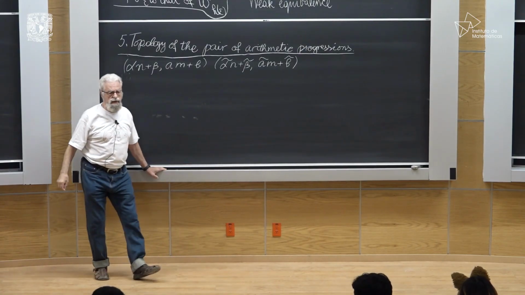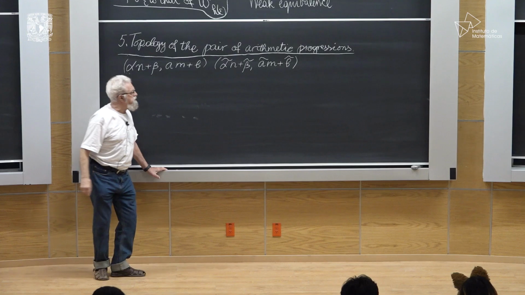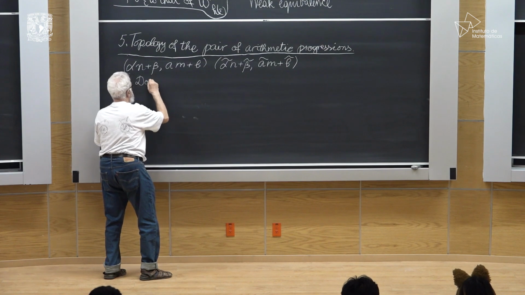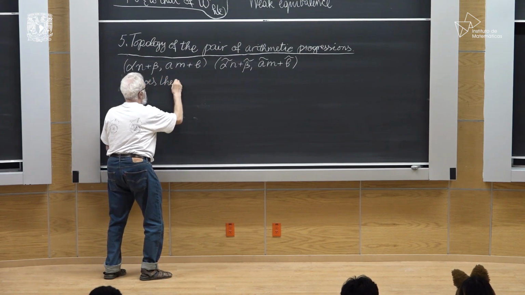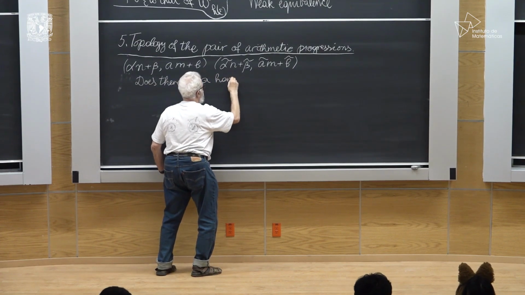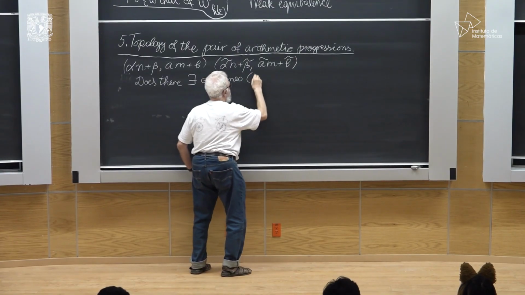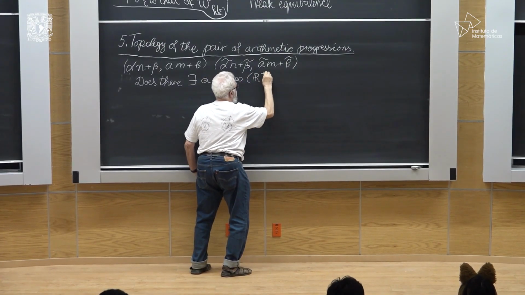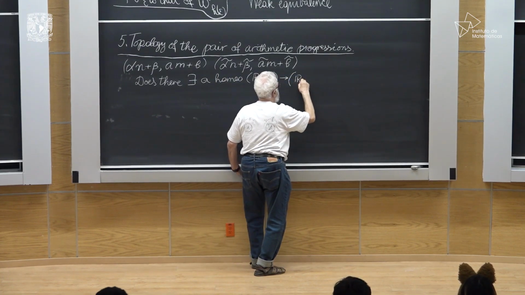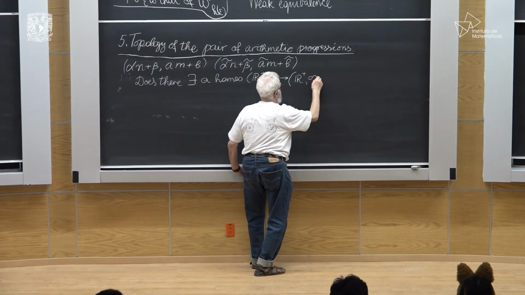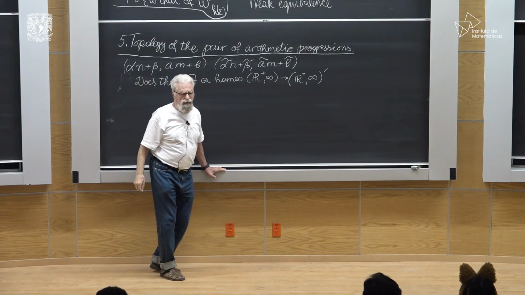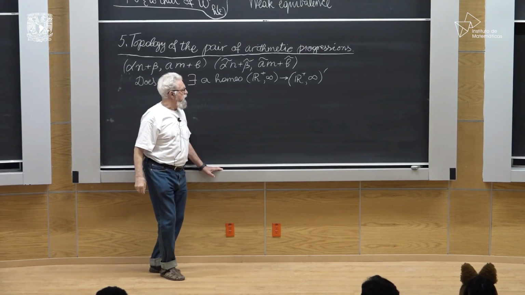The question is, what is the obstacle to the existence of a homeomorphism? I will even require the homeomorphism not of the whole positive ray, but of some positive ray going to infinity.